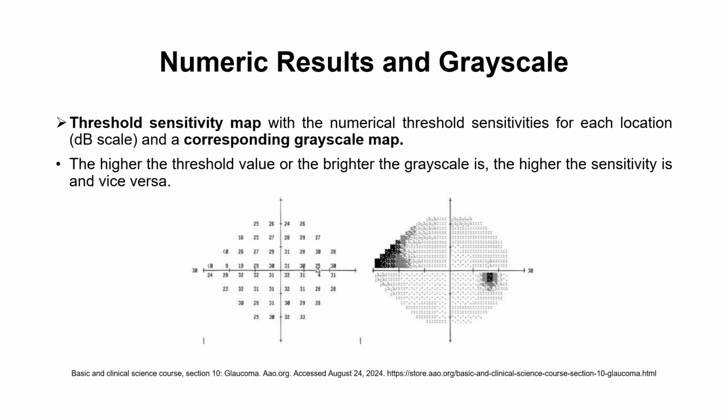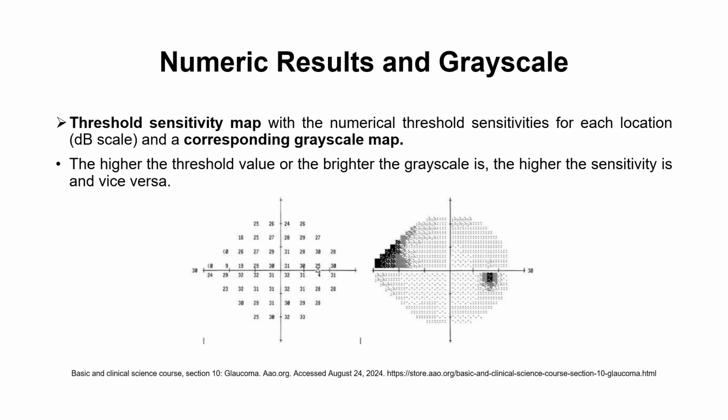As we said, coming to the numeric results and grayscales, these are the numeric results and the corresponding grayscale map. We have the threshold sensitivity map. This threshold sensitivity map has the numerical threshold sensitivity of each location in decibels. And this is the map you should depend on.